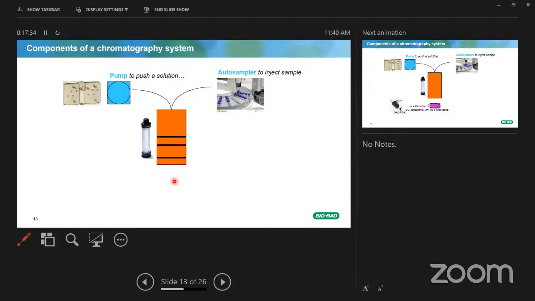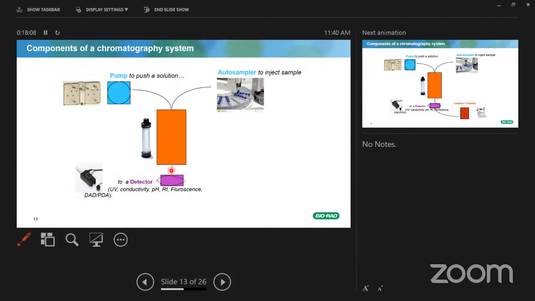For gas chromatography, instead of the pump, you have gas, an inert gas like helium or nitrogen, and with the pressure of that gas, the sample is moved through the column. So instead of the pump, you use the gas as the mobile phase. In liquid chromatography, the liquid pushes, and then you get a separation.